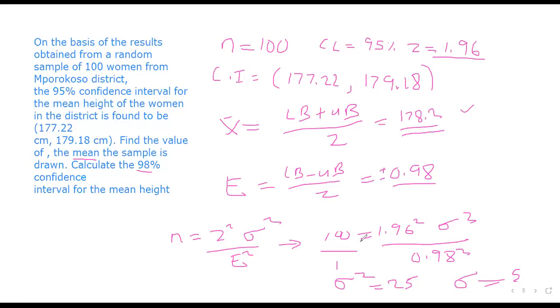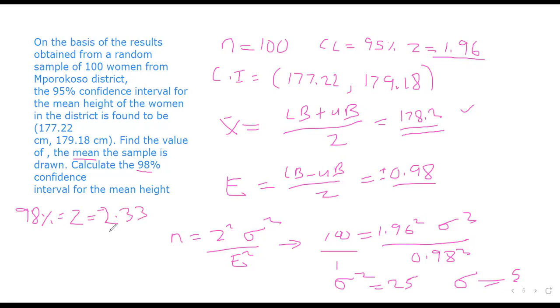When you compute this, you find the variance as 25 and the standard deviation as 5. Now we've been asked to calculate a 98% confidence interval. Can somebody tell me, at 98%, what is our Z? 2.33.